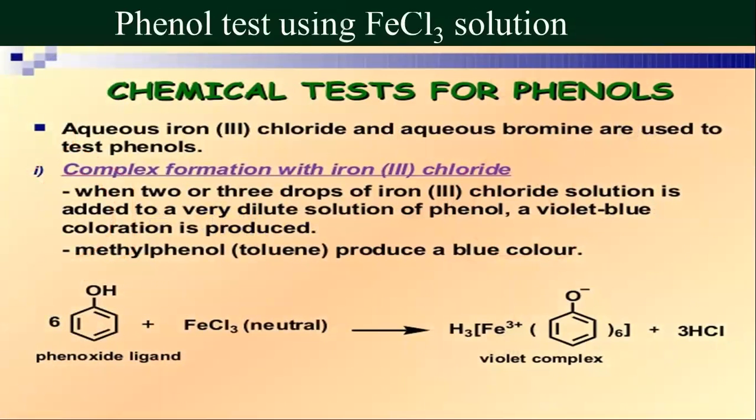You can also identify phenols by using ferric chloride solution. When you use ferric chloride solution with a phenolic compound, then diferric hexaphenate may be produced, which has a violet color, and by this color we can identify phenol easily.